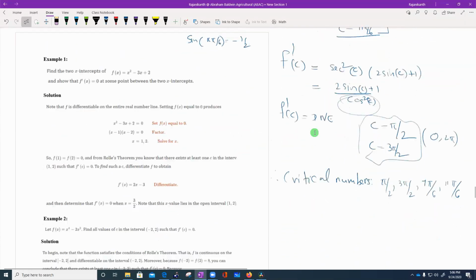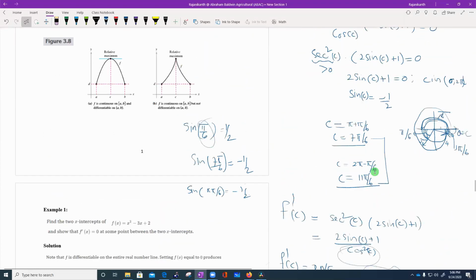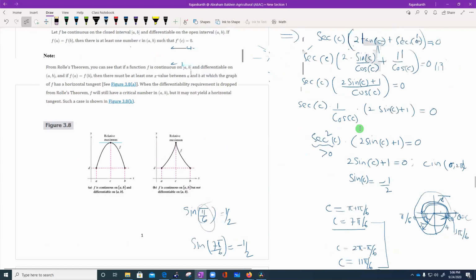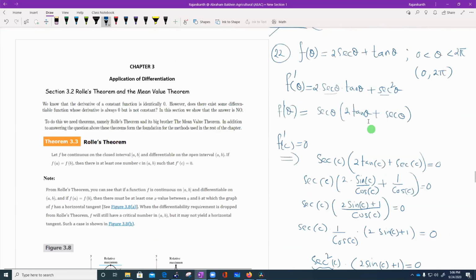Okay, so now I have to look at these 2 points. If you plug these 2 values into the original function, will you get any real value? In another word, is the function defined at those 2 points? No, right? Even though f prime does not exist there, the function is not defined.